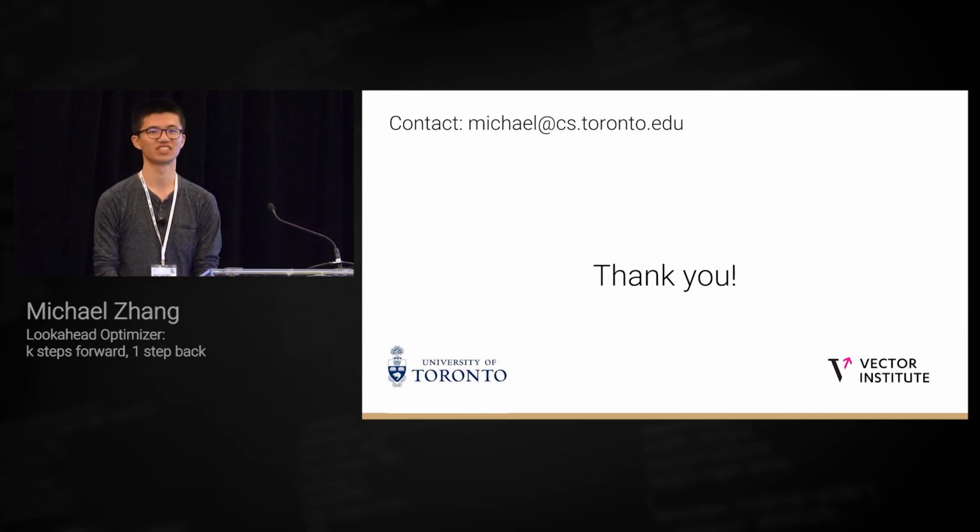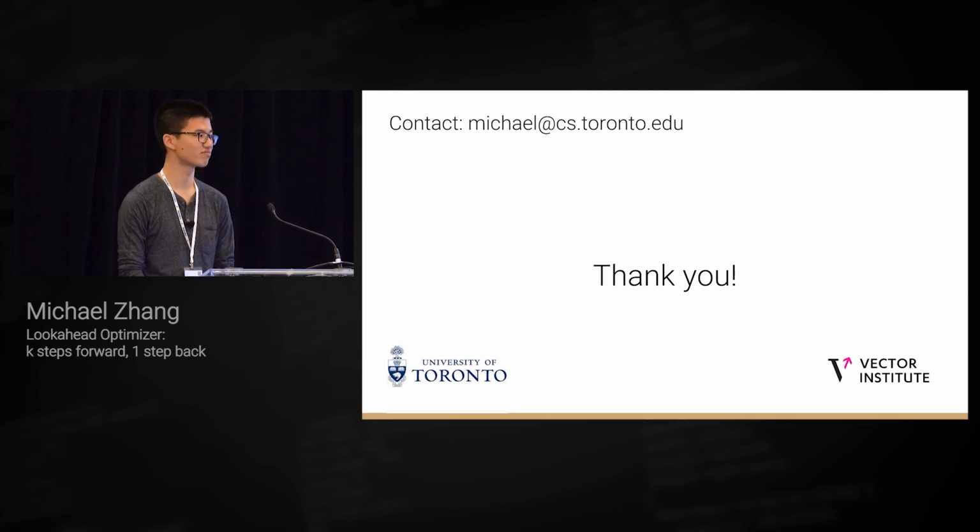Thank you. Another question? Okay, that would be the last one. My question is, I'm looking at your code, and when you define the optimizer, there are 2 variables, steps and alpha.